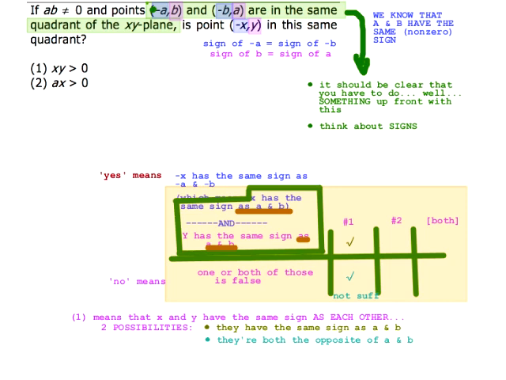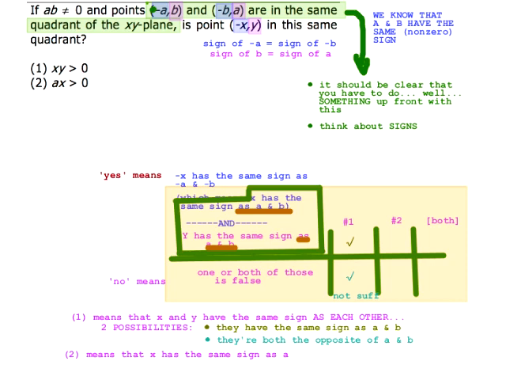Statement 2, so still can't take anything for granted. What does statement 2 tell you? It tells you that A and X have the same sign. But Y could go either way.